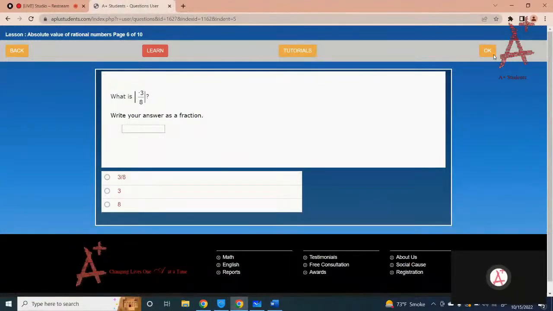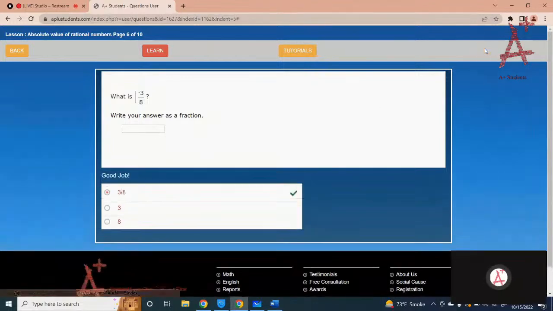Okay, what is the absolute value of negative 3 by 8? It would be 3 by 8. Got it? The first option is the correct one. Select the correct option and click on the OK button.